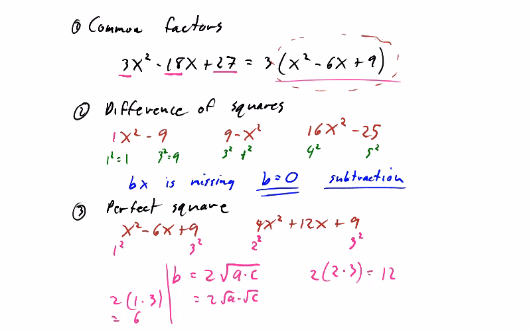The middle term has to be twice the product of the square roots of the a and c coefficients. But you can figure that out relatively quickly, so you can eliminate those as possibilities in very little time. And that gets us down to the trickier 3 methods.